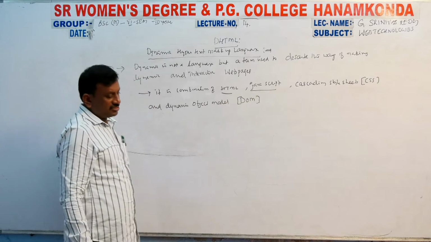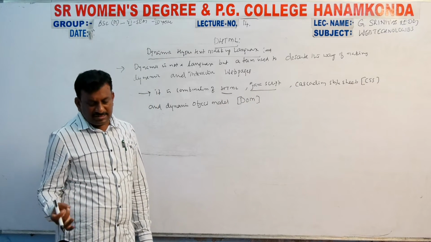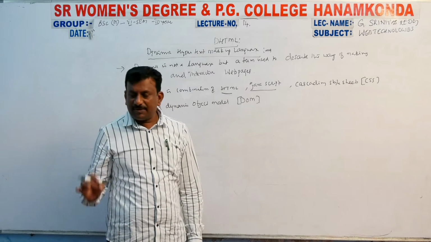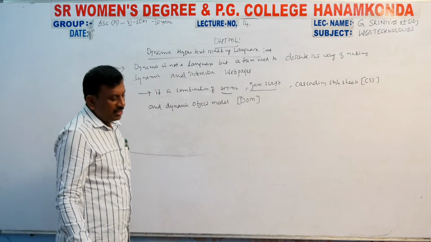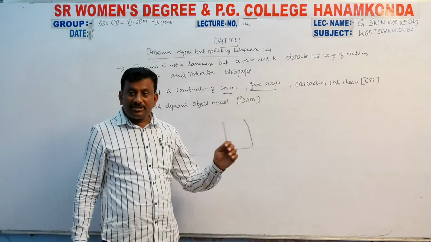What are the features of DHTML? They mainly involve four types: the first is dynamic content, the second is dynamic style, the third is dynamic positioning, and the fourth is dynamic binding.